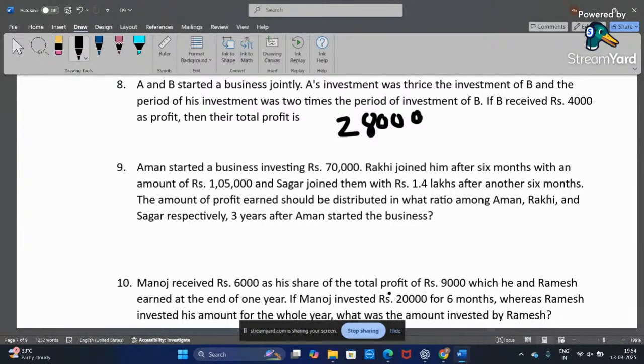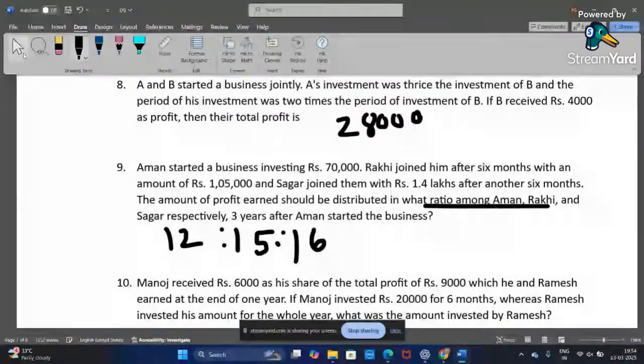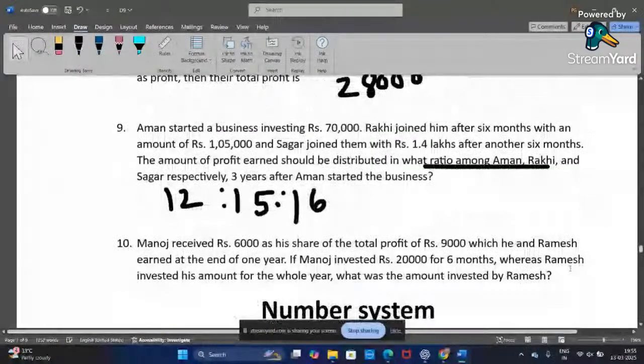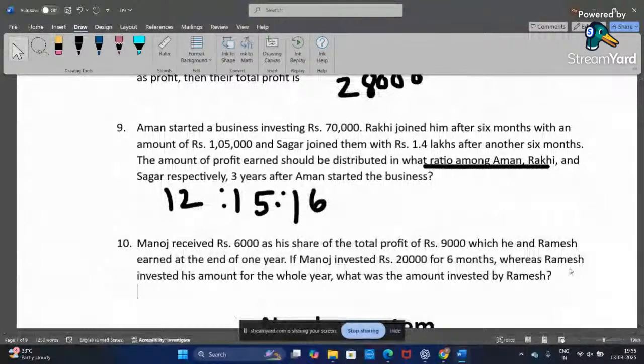Okay. Then for this, you have to find the ratios. So the ratio should be 12:15:16. These are the final answers. You have to solve with the steps, and it should match with these answers.